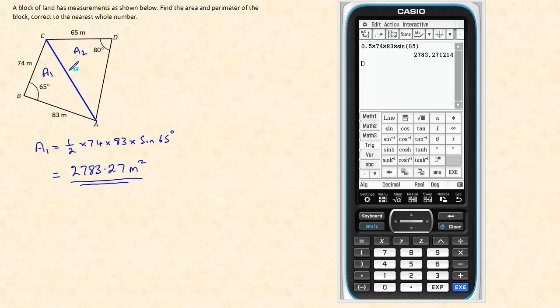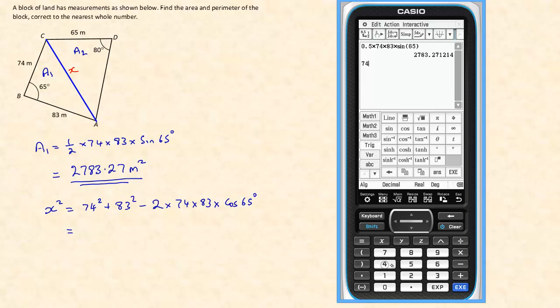Now it would be useful to have the length of this side, and we can use the information in this left-hand triangle to do that using the cosine rule. So we can say that x squared would be equal to 74 squared plus 83 squared, take away 2 multiplied by 74 multiplied by 83 multiplied by cos 65 degrees.